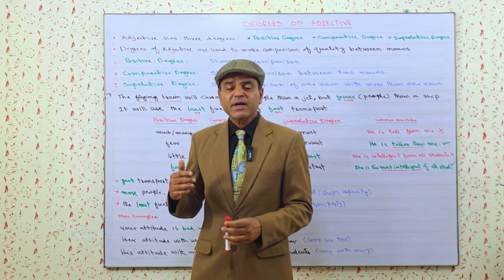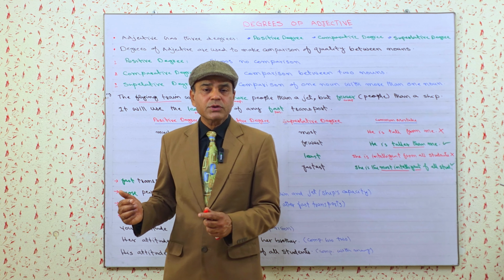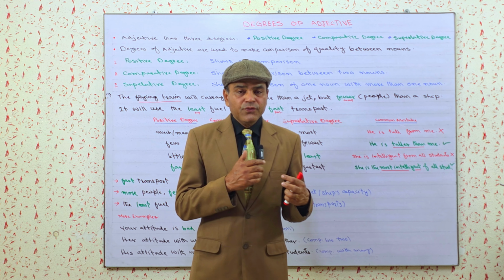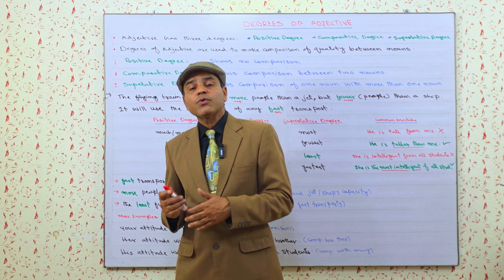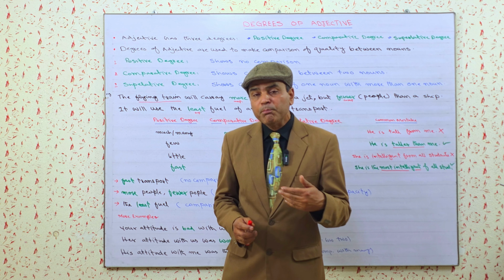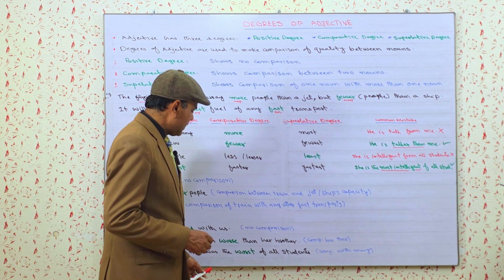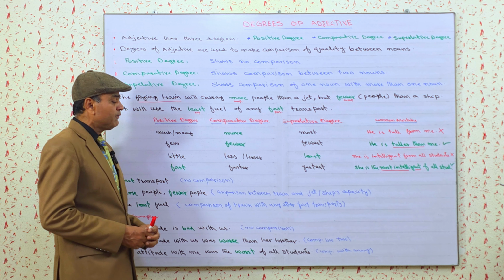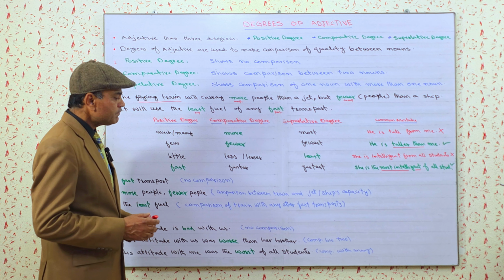So here I am comparing the attitude he meted out to me with the attitude he meted out to the rest of the others. And when I say others, it means they were more than one. And that's why I'm using worst here, the superlative degree of the adjective.